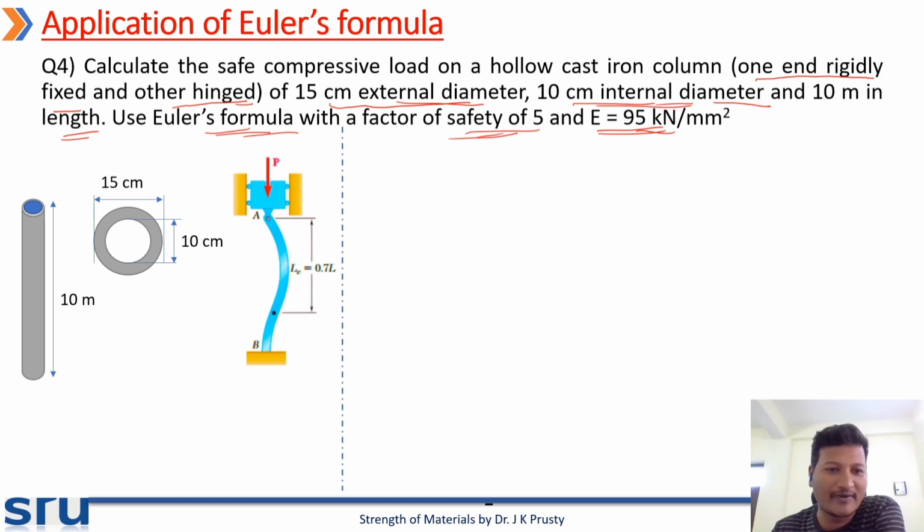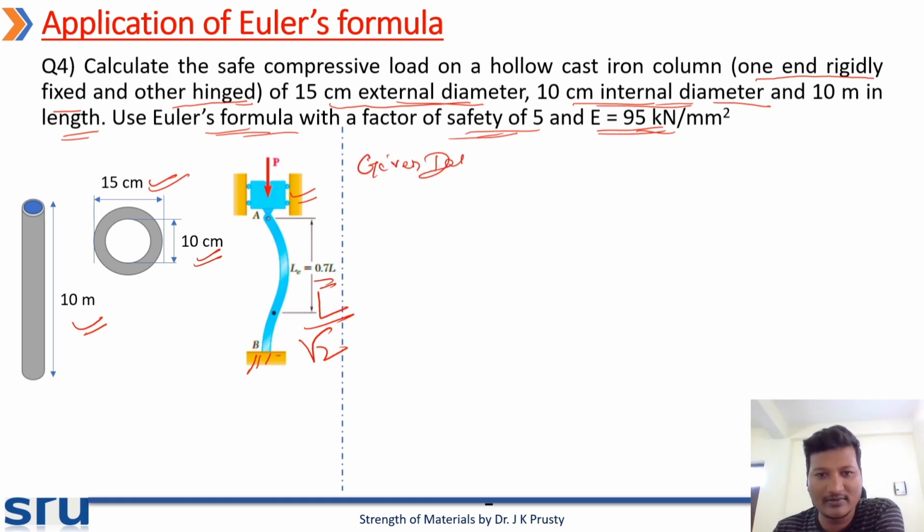So here is the graphical representation. The external diameter is 15 centimeter, internal diameter is 10 centimeter, the length is 10 meter, and the end condition is one end fixed and the other end hinged. So for that, your equivalent length is 0.7 L, or L by root 2. To solve this, let us write the given data.